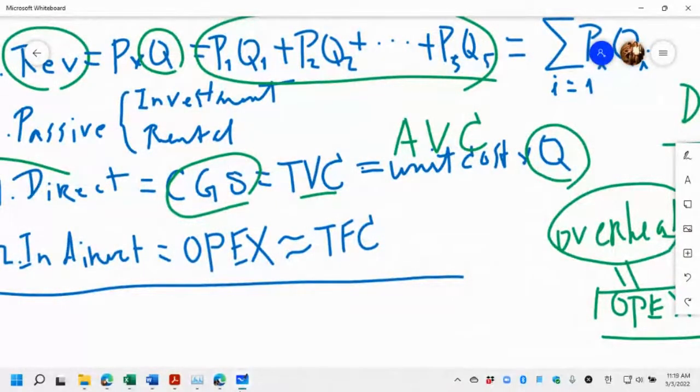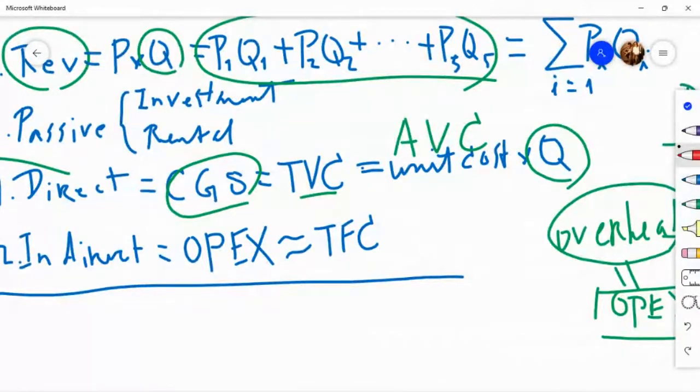And also now indirect cost, I've been telling you, indirect cost is also called OPEX, operating expenses, or sometimes operating cost. This is accounting's terminology. But in microeconomics it is called total fixed cost. And I said OPEX and total fixed cost are roughly equivalent, right? Look at the sign.